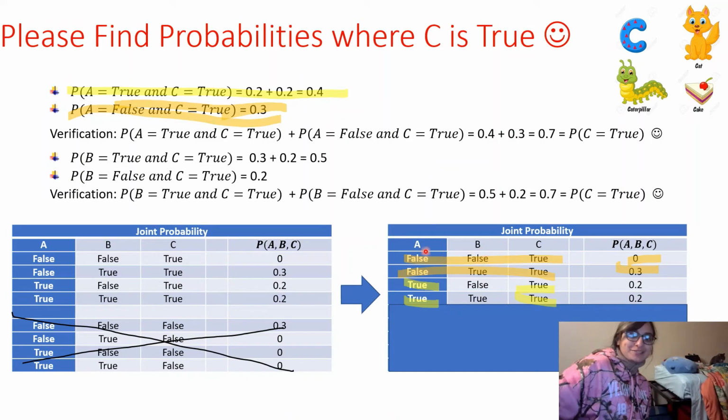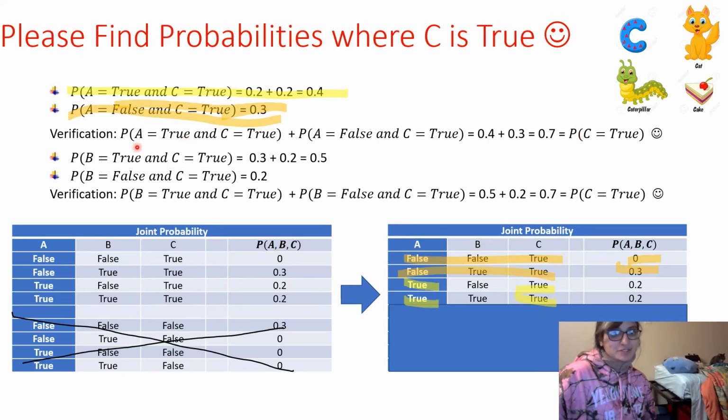So these should collectively sum up to the probability that C is true, because again, we didn't care if B is false or true. We just care about A and C here. So if we add all of these up, they should add up to the probability that C is true, which is 0.7. You can see this visually as well because we used all four rows where C is true. And we found earlier the probability C is true is 0.7.